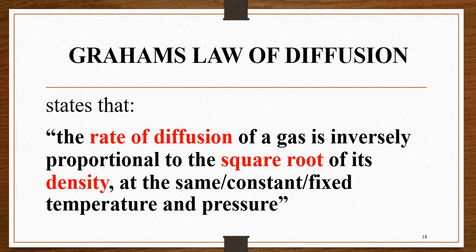Graham's law of diffusion. This one is not majorly a gas law, but it is helpful and still deals with diffusion of a gas. And it states that the rate of diffusion of a gas is inversely proportional to the square root of its density at the same or constant or fixed temperature and pressure.